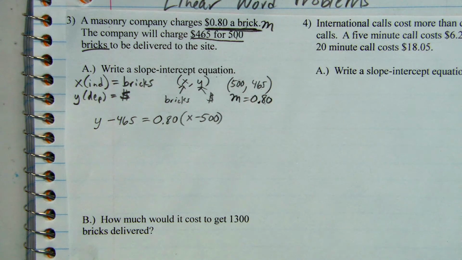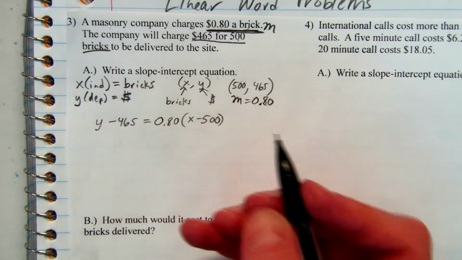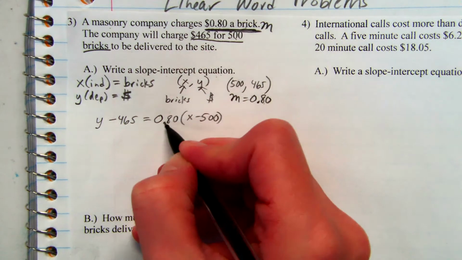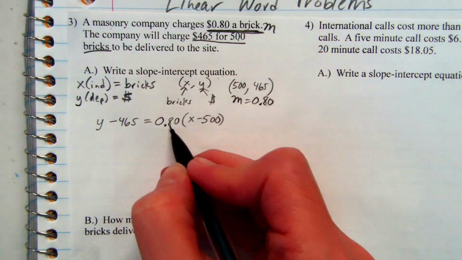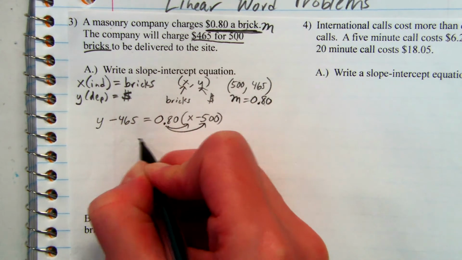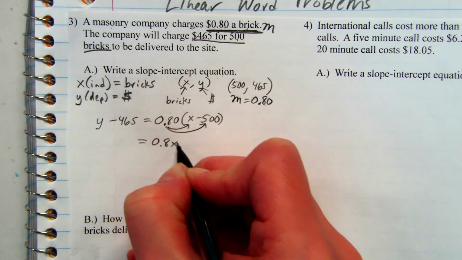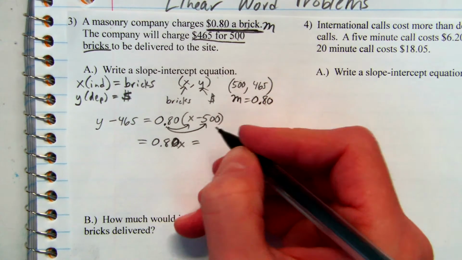So if I'm trying to go to slope-intercept form, I have to do some things. We can just leave it as 0.8. You could make it a fraction if you wanted to, but this is fine. So we distribute that. So we're going to get 0.8x, and you can even leave the 0 off and just call it 0.8 instead of 0.80 if you want to.